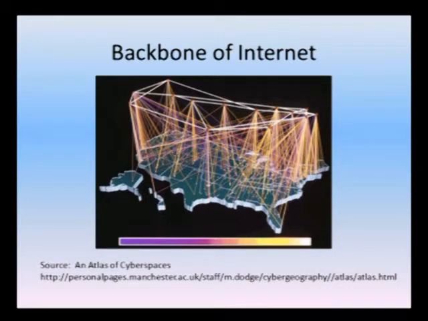But if a particular machine is not close to the backbone of the Internet, then the data has to move from router to router to router before it hits the backbone and gets to where it needs to be.